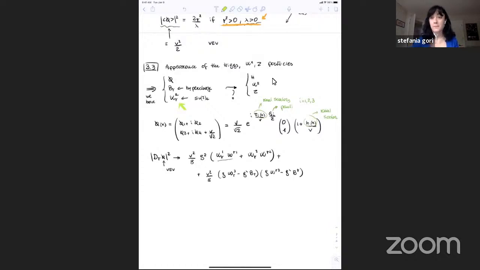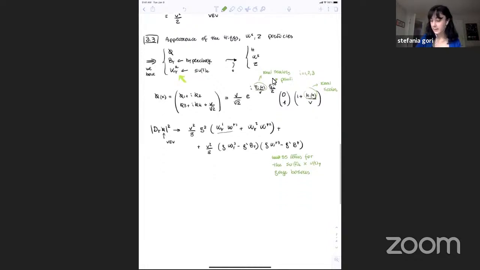What you can recognize from here are simply mass terms. Let me write in a different color. Mass terms for the SU2 times U1 gauge bosons. Okay.